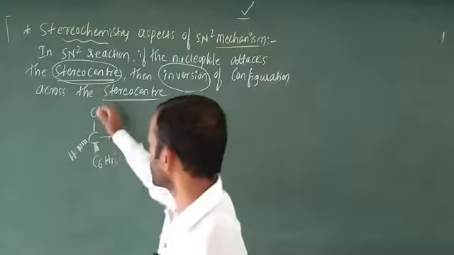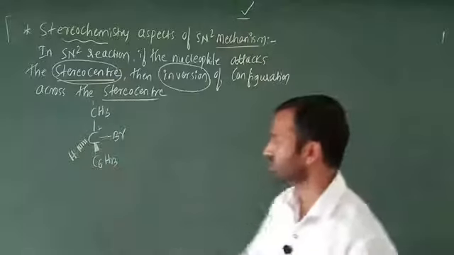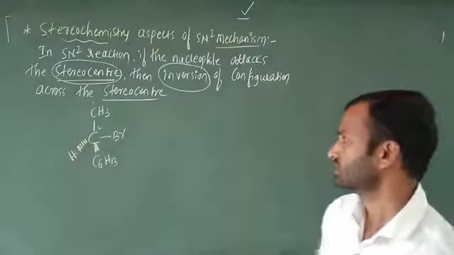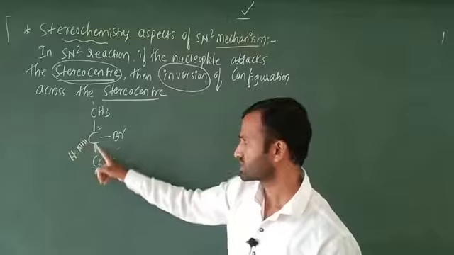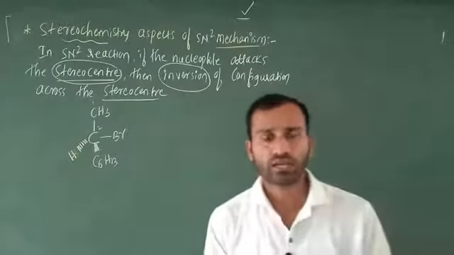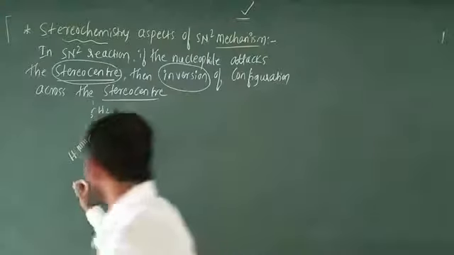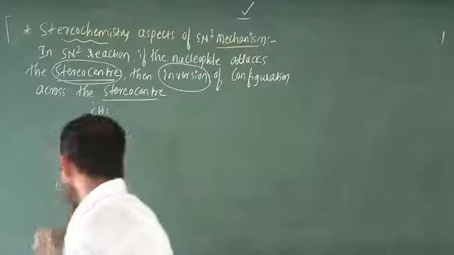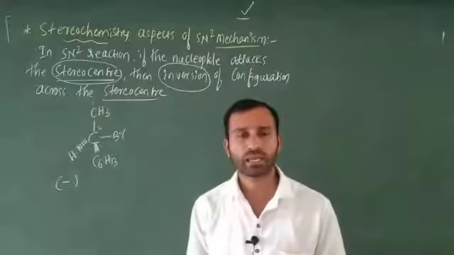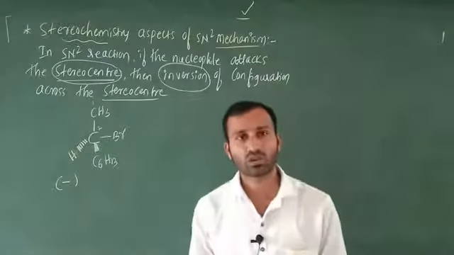I am going to number this as 1 and this as 2. After that 6 carbons are there, so totally 8 carbons, and with 8 carbons it is 100% octane. That is why I am taking this as minus. Why minus? If the plane of polarized light is rotated towards the left, that is called negative.